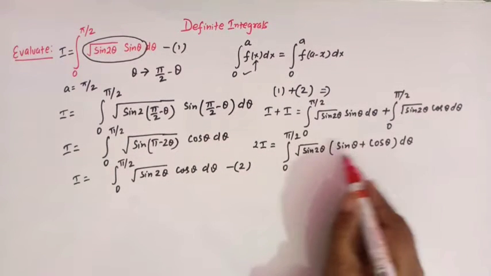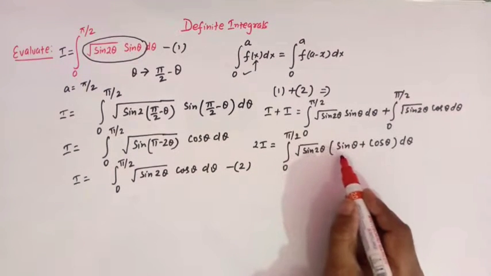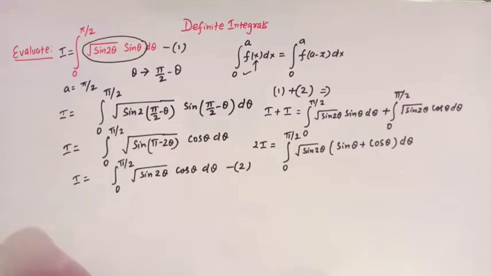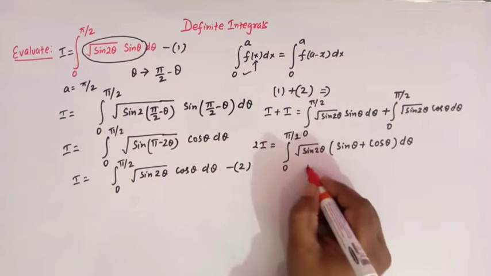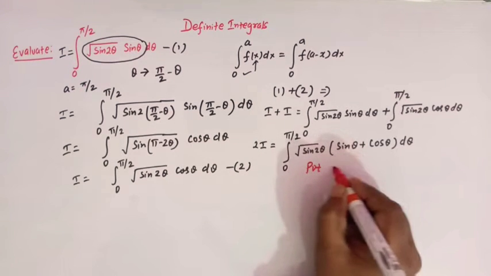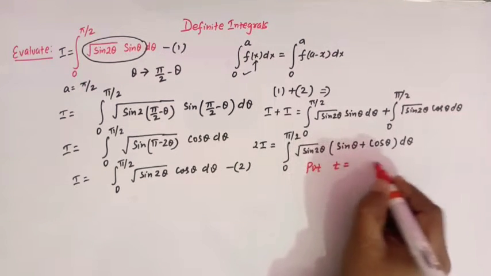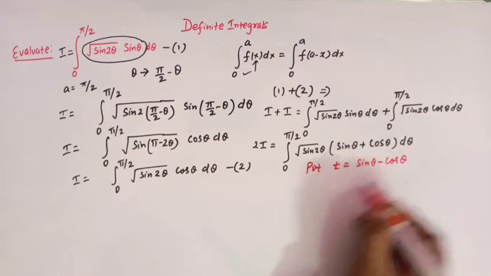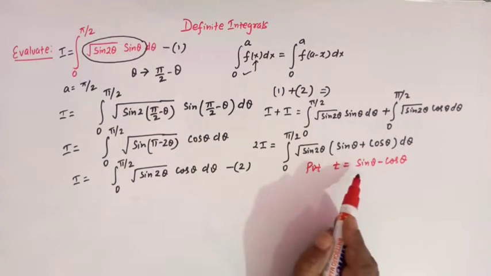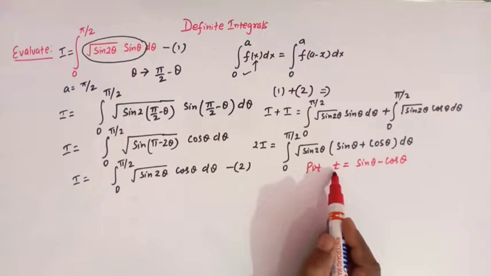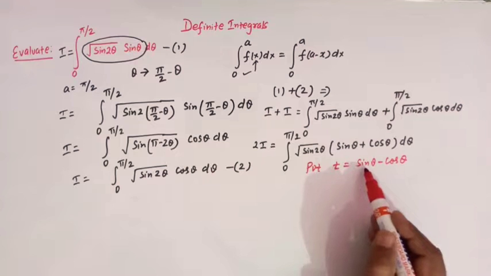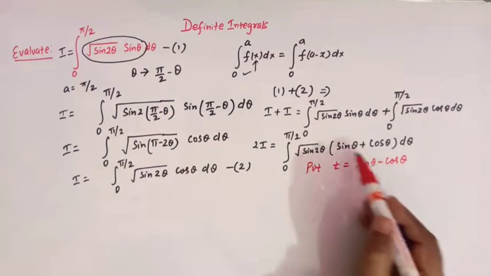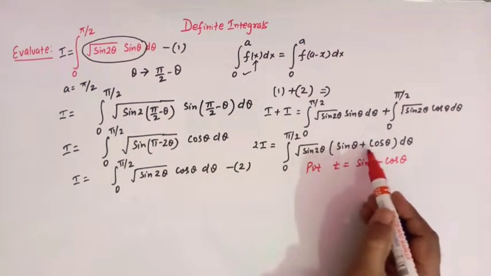Now here we will make use of the method of substitution. In the method of substitution, we will put say t is equal to sine theta minus cos theta, because the derivative of t is cos theta plus sine theta, which is present here.